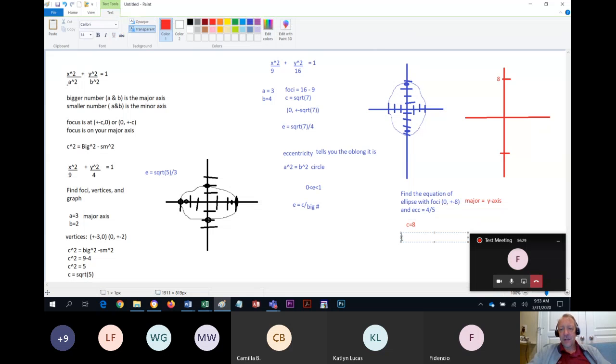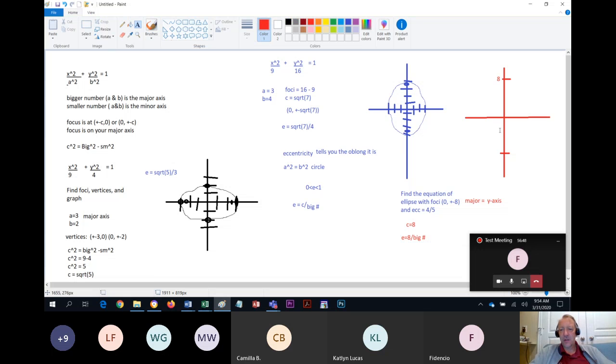Now your eccentricity is going to be C, which in this case is 8, divided by your big number, which has got to be obviously more than 8. So we know that that's the major axis. One way we could do this is we could do some fractions.